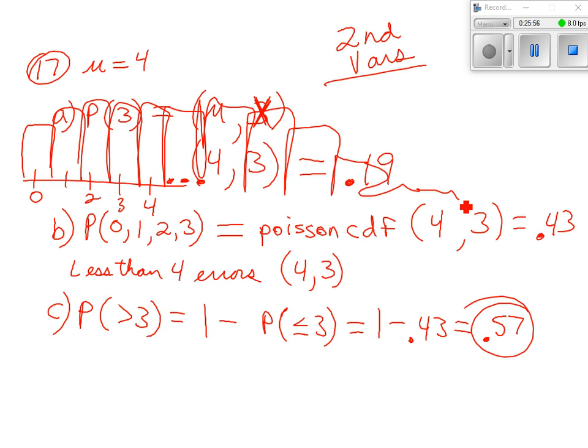Well, we're trying to find from this bar over. What we can do is just subtract that part off. What should happen the farther and farther you go out here? What should happen with those probabilities that we're adding on? They should get really, really small, and as a matter of fact, they'll get so small that they won't matter anymore.